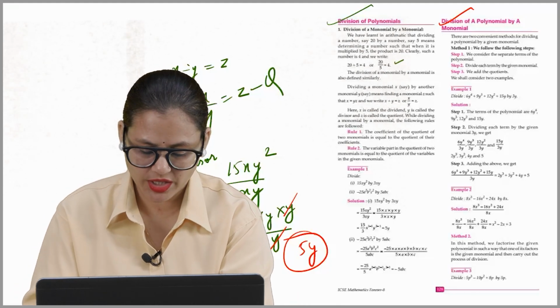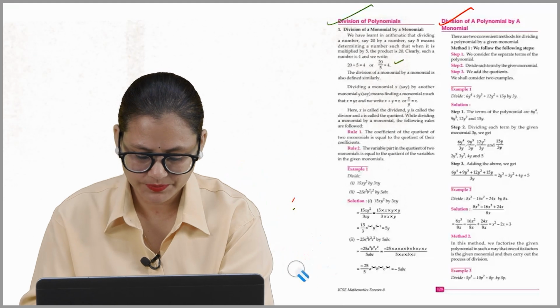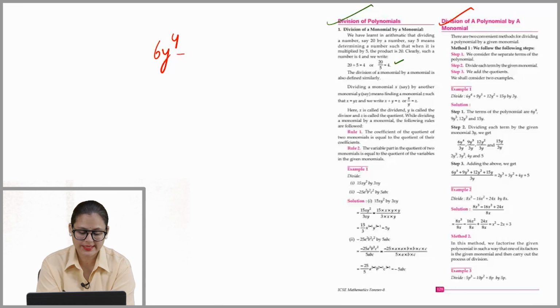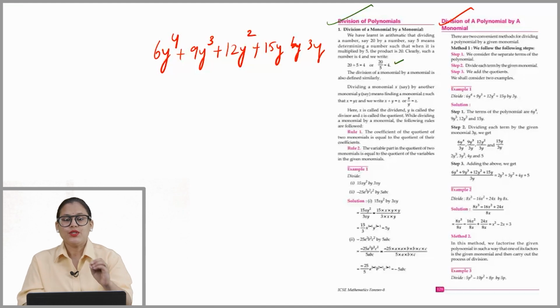Example number 1, let's check out what this says. We have to divide 6y4 plus 9y cube plus 12y square plus 15y by 3y. What does step 1 say?